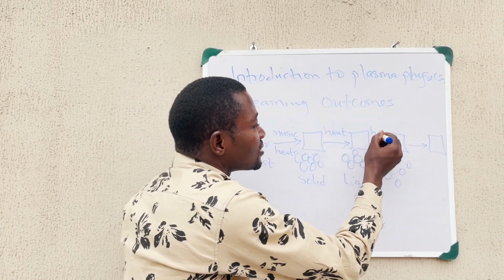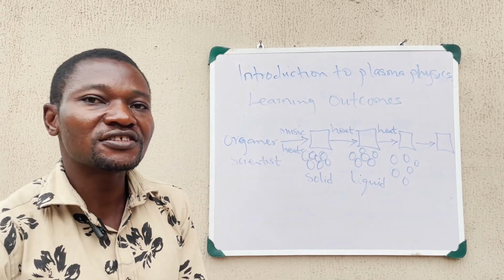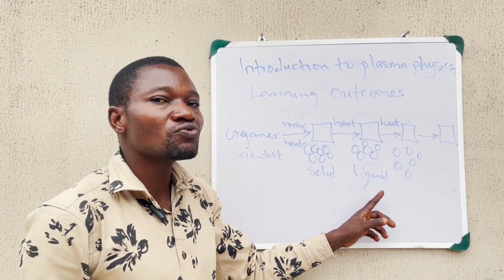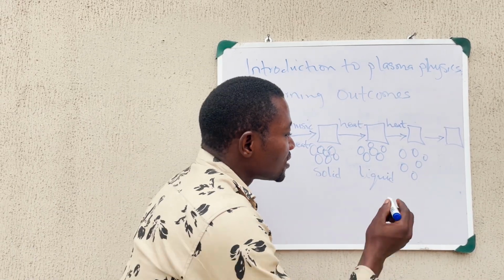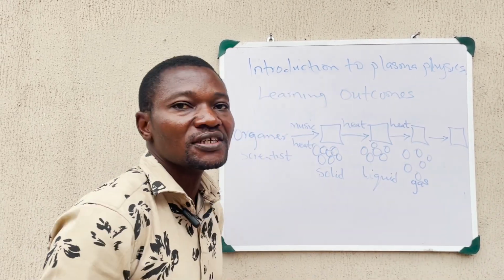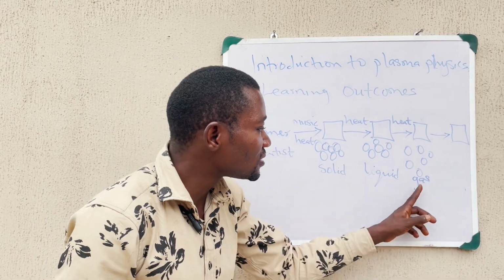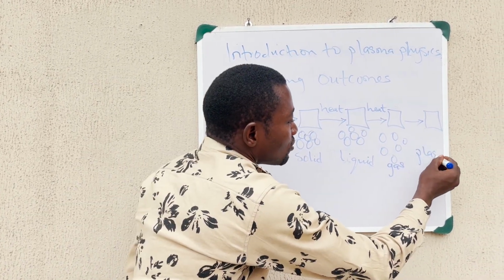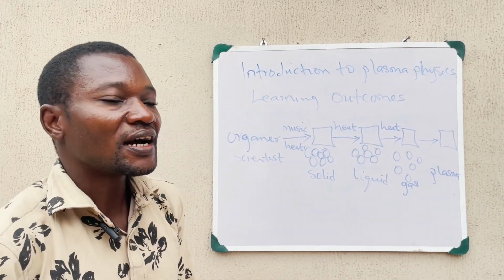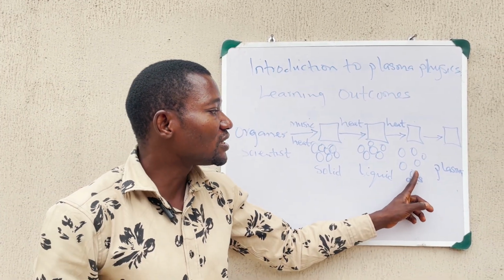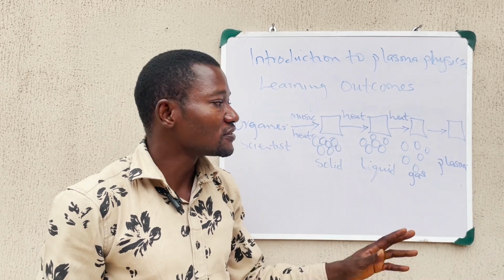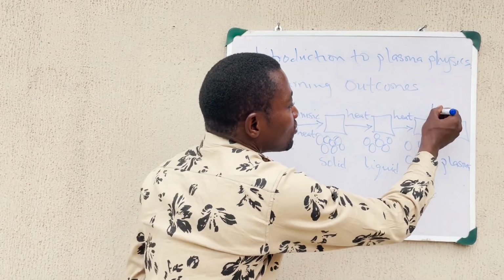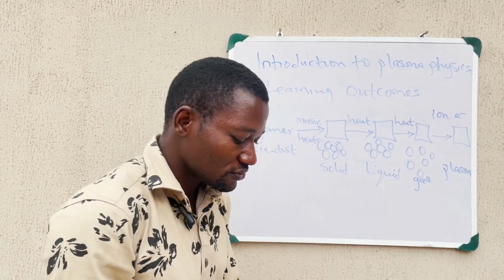And as the music, representing the heat, increases, you discover that the liquid will reach its boiling point and vaporize. And that gives us the third state of matter called the gas. And when gas is heated, it changes to the fourth state, which is what we are looking at, plasma. At this point, like in the case of the dancers, each person is spaced out, enjoying the music. So there is dissociation here into ions and electrons.